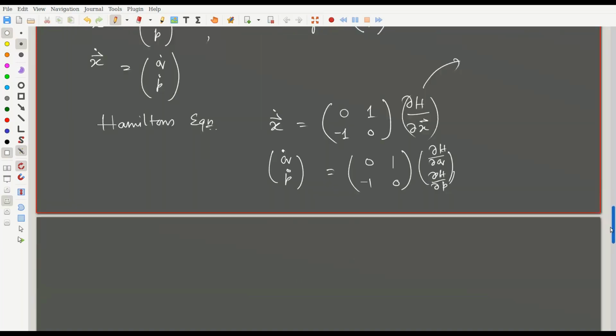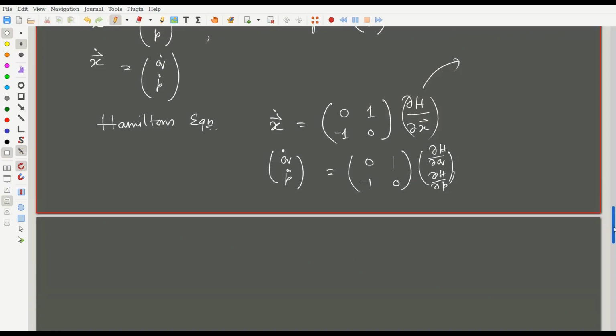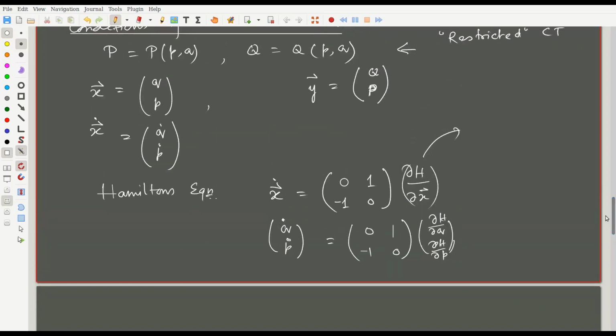It works, right? Now for the n-dimensional version, where you have n generalized coordinates and momenta, this x will be a 2n-dimensional column matrix.